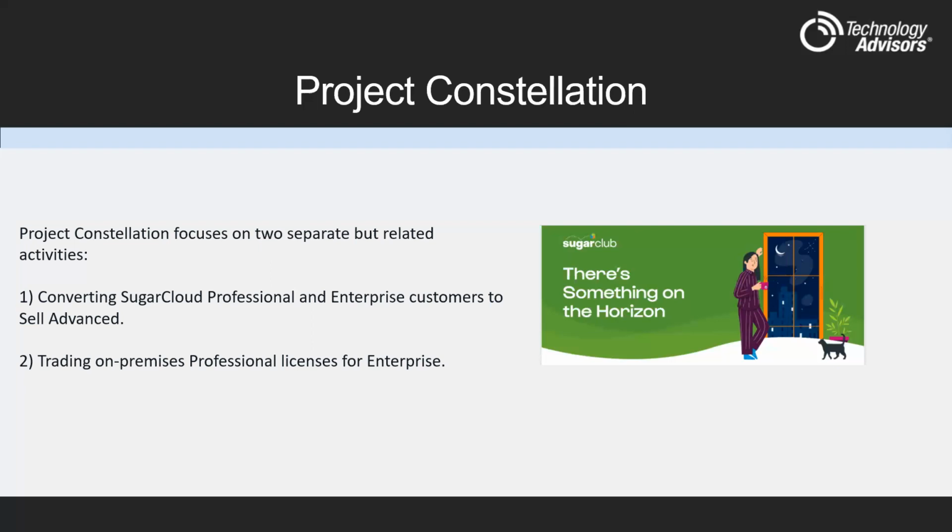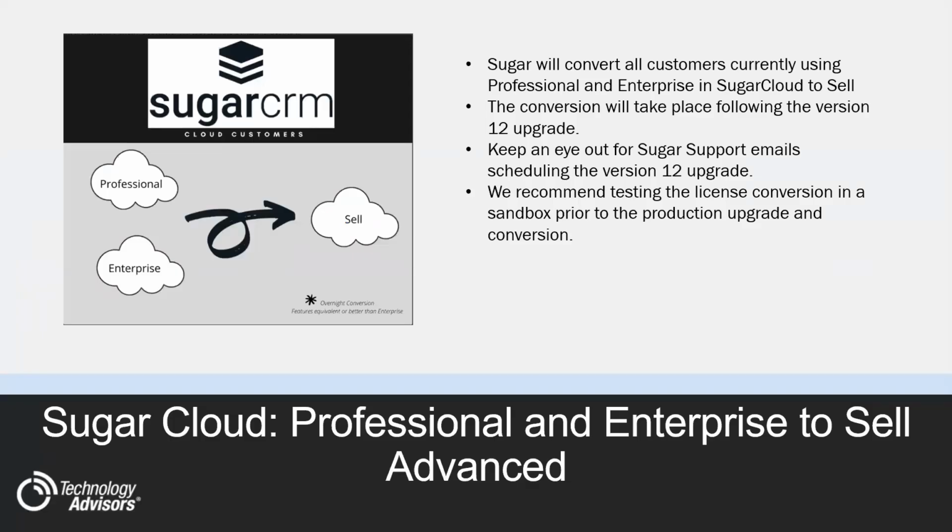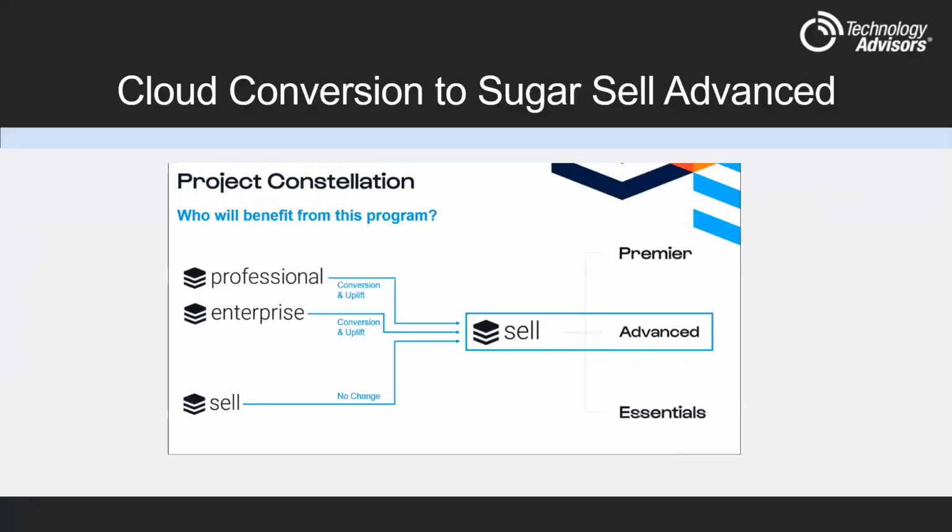So let's talk about cloud. Customers in the cloud on Professional and Enterprise, following the version 12 upgrade, are going to be converted over to Sell Advanced. For existing Sell customers, there's going to be no change to the licensing.